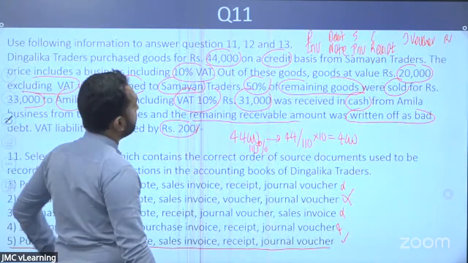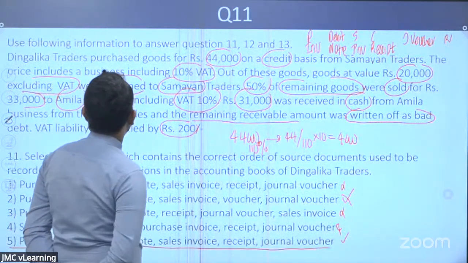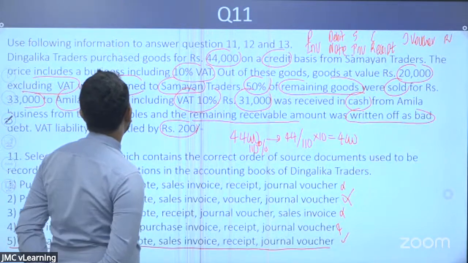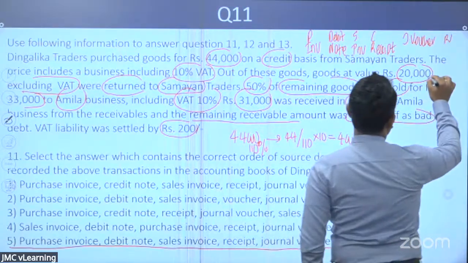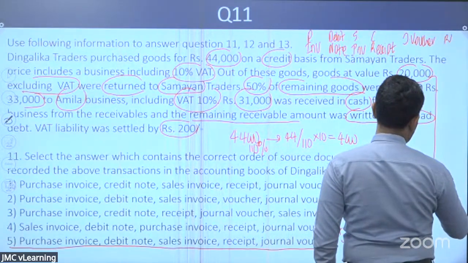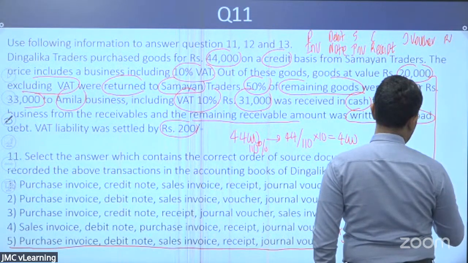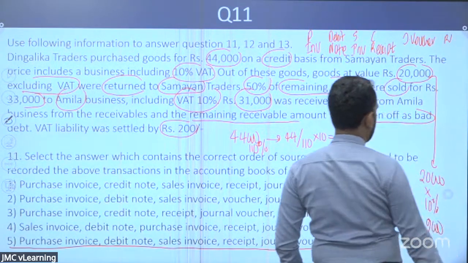Then rupees 20,000 excluding VAT per return. If it is 20,000, the VAT amount would be multiplied by 10%, so 2,000 worth of VAT got returned.